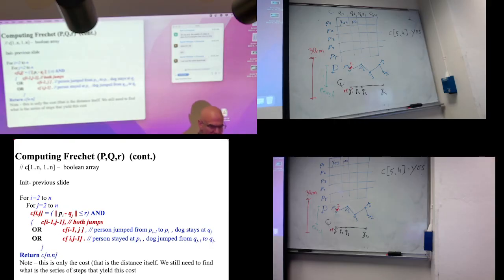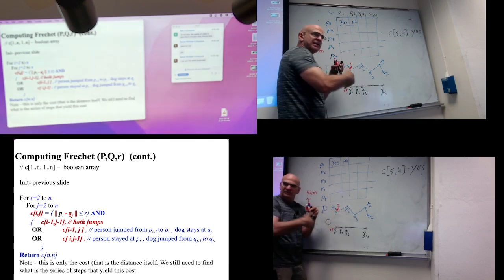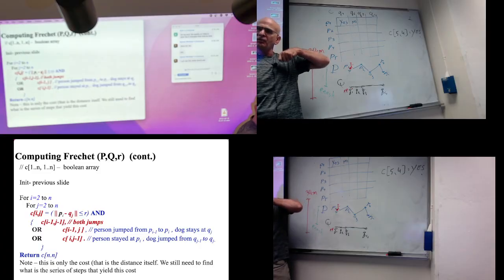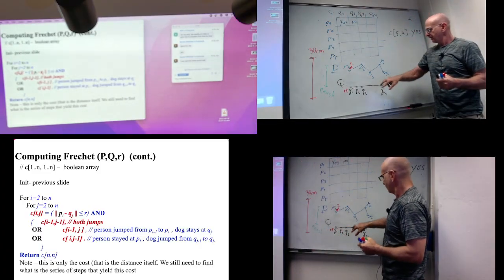That's what I want to write. What should happen? What would guarantee it? Or what will be sufficient to say it's no? It asks, is there any way that the dog and the man can move? And I'll remind you, move means at every time step, either the dog moves, or the man moves, or they both move. And always one vertex to the future.